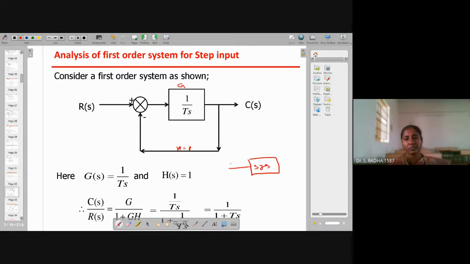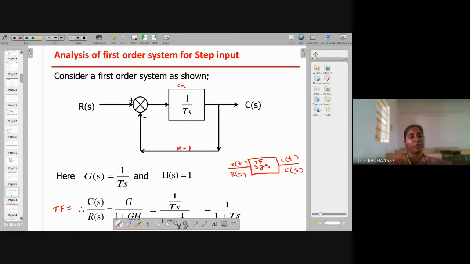We have input R of t, output C of t, and in Laplace transform R of s and C of s. This entire thing, G and H, is considered as the system. The transfer function is nothing but the system behavior.